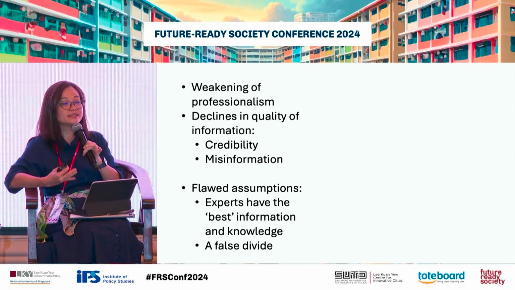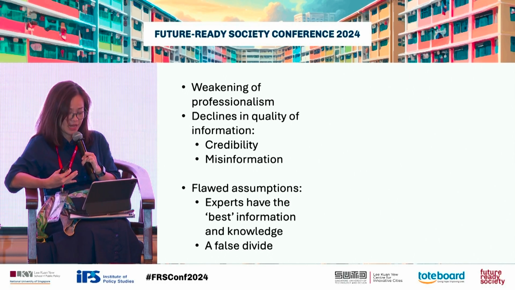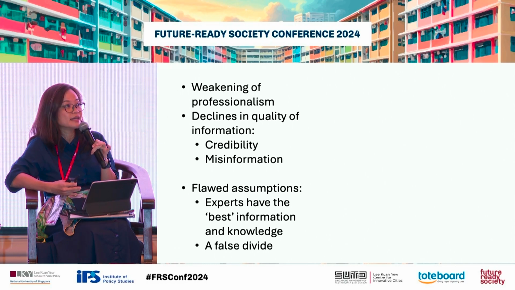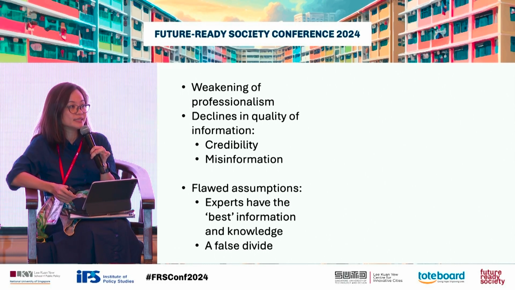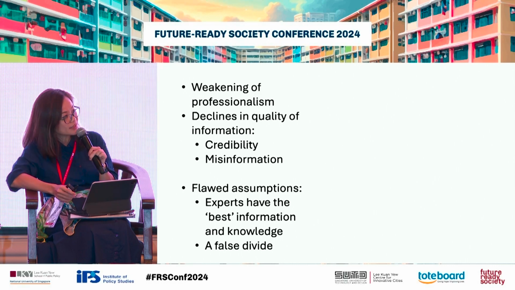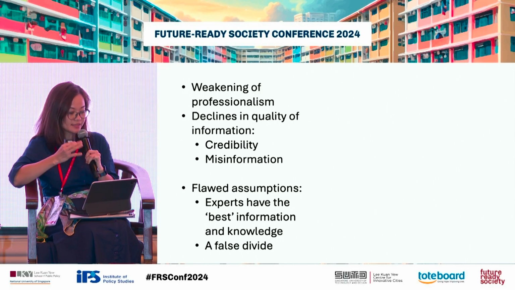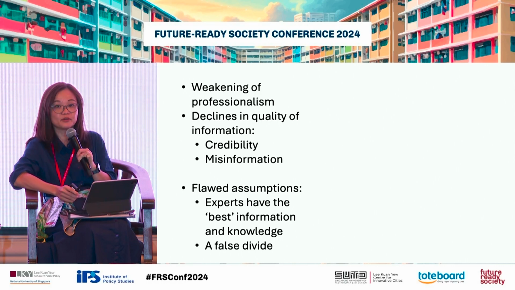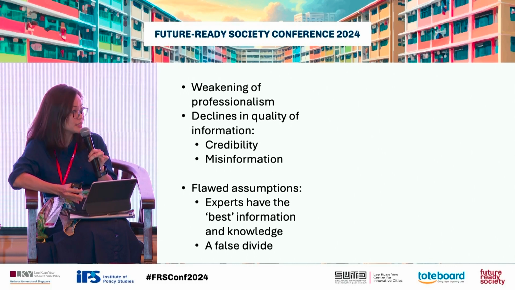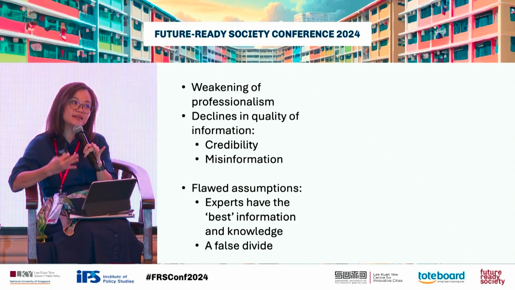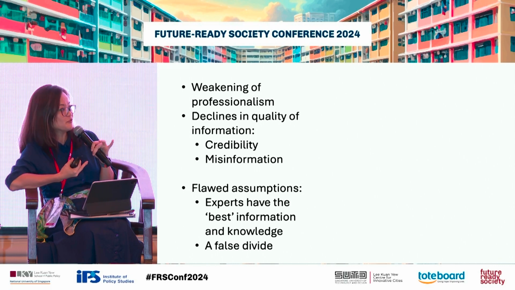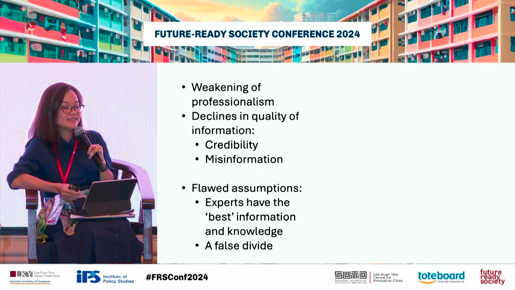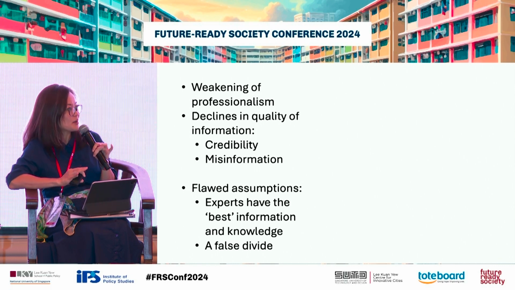That were otherwise undertaken by journalists, experts, and so on. He also argued that this landscape will decline, right? We'll see certain decline, especially in terms of the quality of information, because information then lacked credibility, and there would be massive misinformation. Now, I think some of his predictions have come true, right?